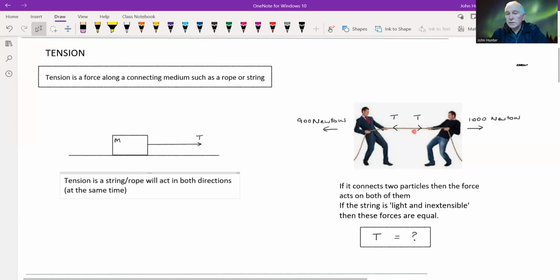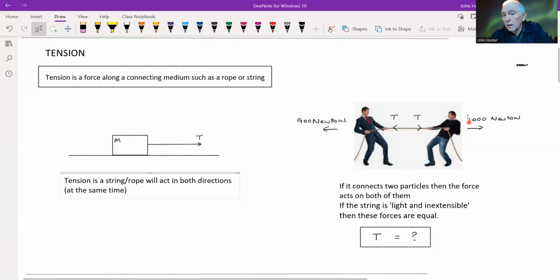Now, it doesn't mean to say that the tug of war will be a draw and they'll go on forever. It depends what their pulling power is. That just represents the tension in the string. But if this guy is pulling with, say, 1,000 newtons, and this one with 900 newtons, the guy on the right looks as if he means business a bit more, doesn't he?